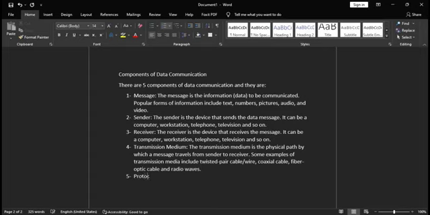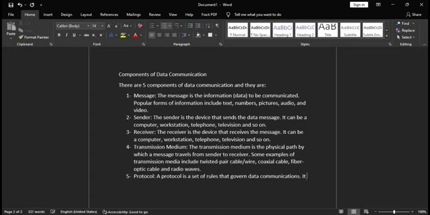Protocol. Now a protocol is a set of rules that govern data communication, or communications.